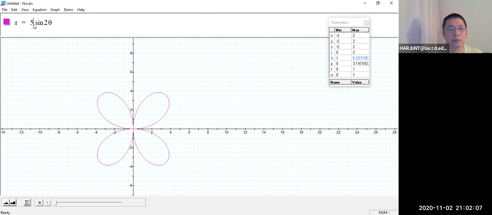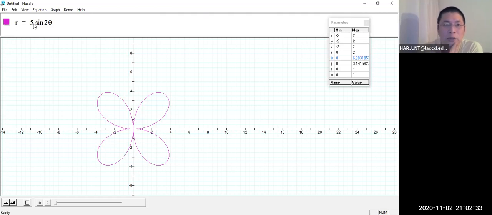Radius 5. But Thomas, why is it that we see the graph is actually not only symmetric with respect to y-axis, it is also symmetric with respect to x-axis? How do we explain that, Thomas?